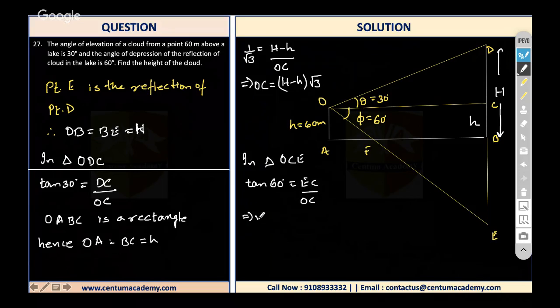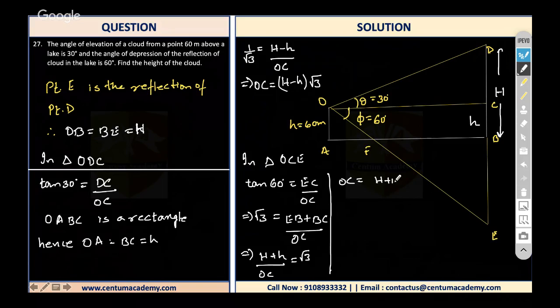So tan 60 is root 3, and EC can be written as EB plus BC divided by OC, which is capital H plus small h divided by OC, equal to root 3. So from here you can say OC is equal to (H plus h) upon root 3.